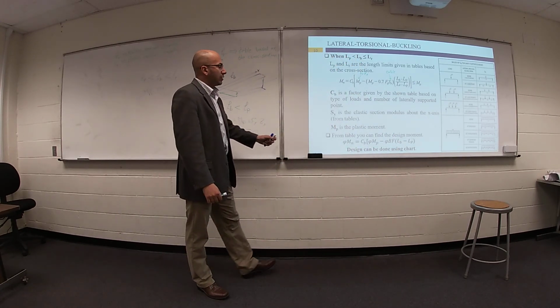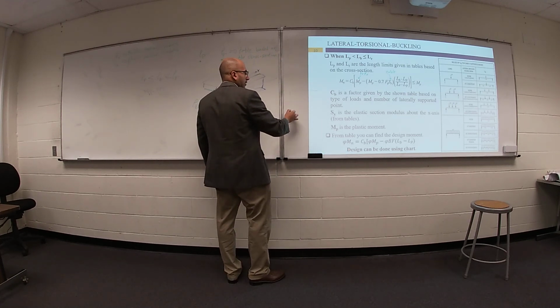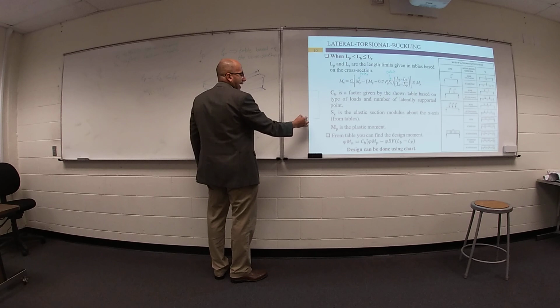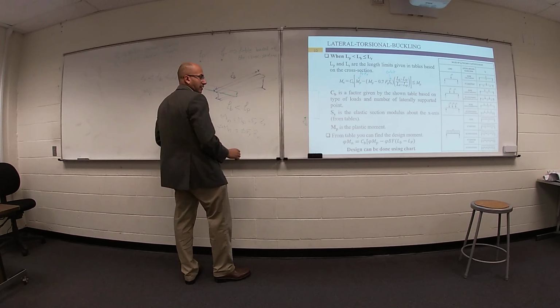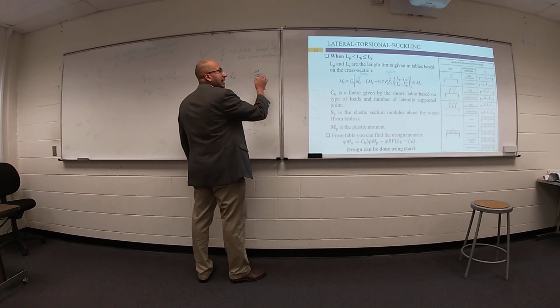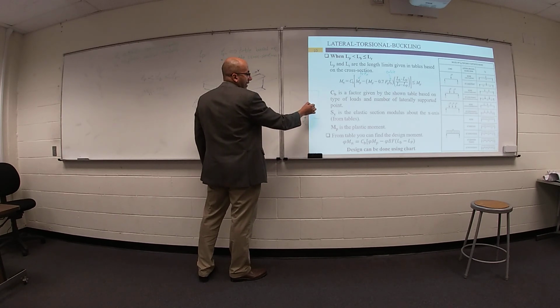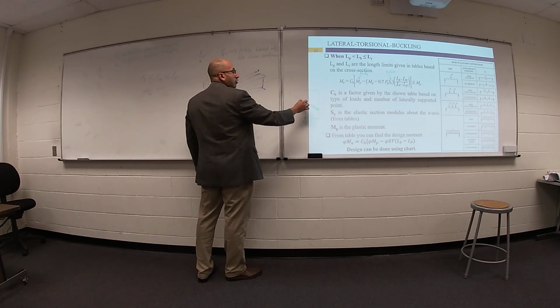Or we can use the chart. If you remember, we have the chart. At this location, what is the value of your unsupported length? Go up until you hit your name of cross section, W15 times 25, for example. At this location, go horizontally.